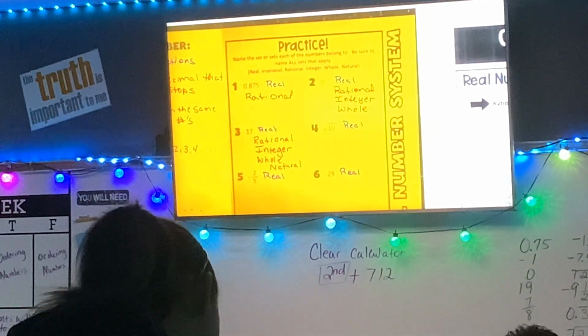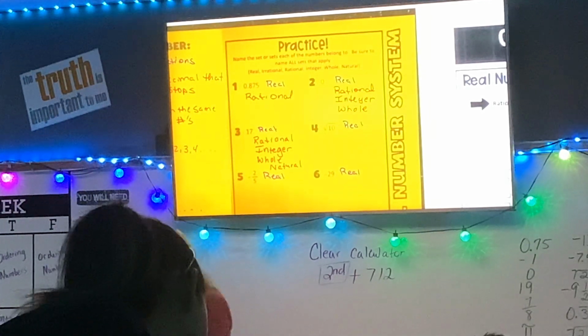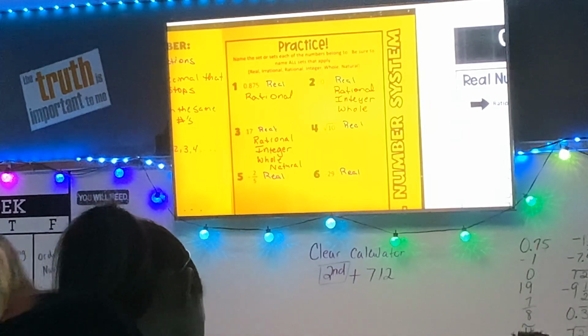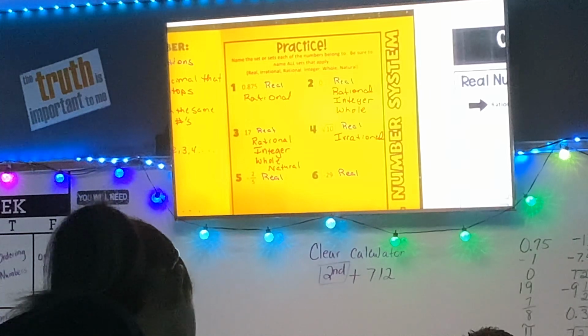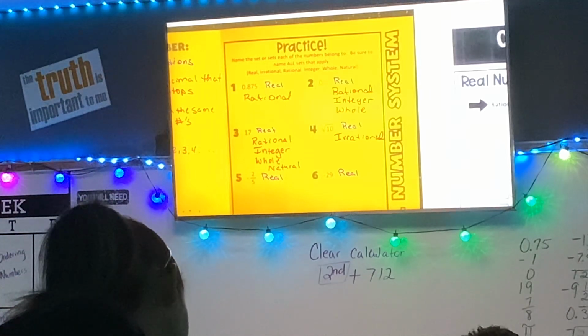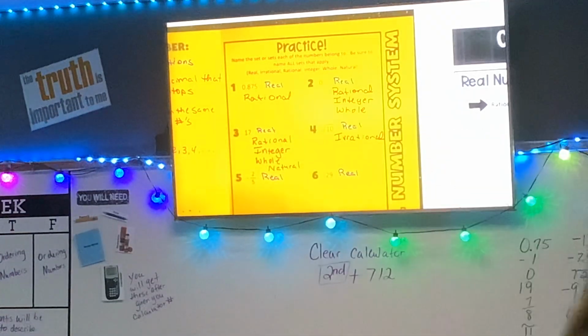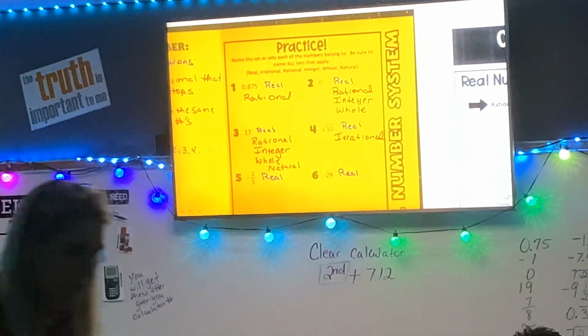Do you see it goes on and it doesn't repeat? So it is irrational and we stop. Hit enter. Below the plus sign. There you go. You just put real and irrational.